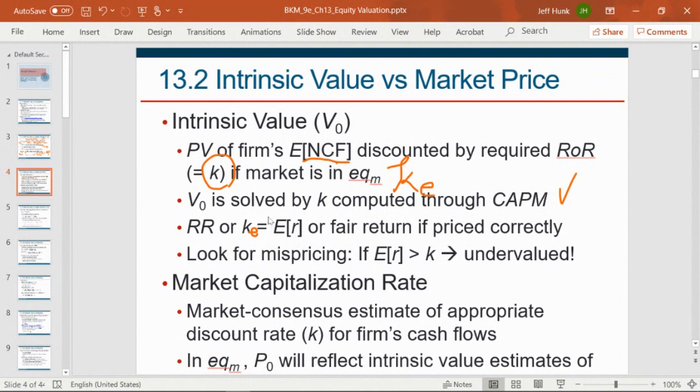There are situations where the expected return is greater than required return, or vice versa, right? And then at equilibrium, they must be equal. But if expected return is greater, what does that mean?